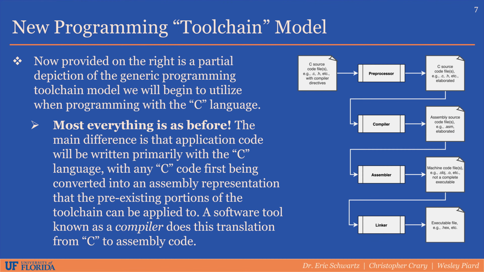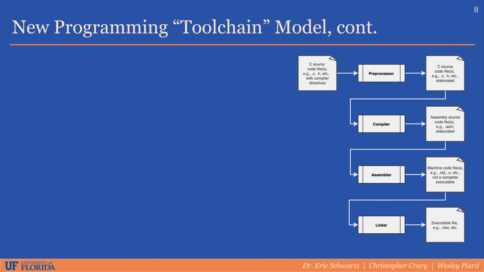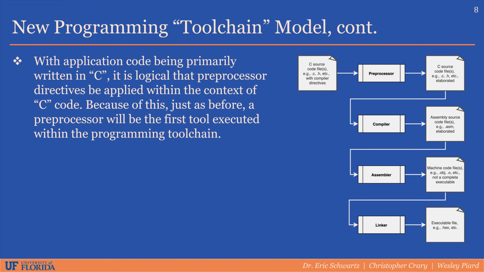So with our code now going to be written primarily with the C programming language, hopefully it is somewhat easy for us to deduce that preprocessor directives will now also be primarily applied within the context of C code.